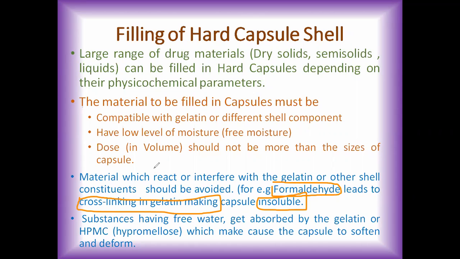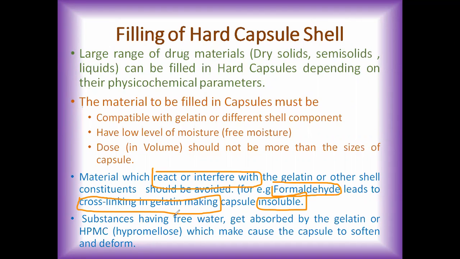The materials which react or interfere with gelatin, because gelatin is the main component by which we prepare the hard gelatin shell, or even the other components used in the shell. We have seen the example of formaldehyde, which can lead to cross-linking in gelatin and make the capsules insoluble.